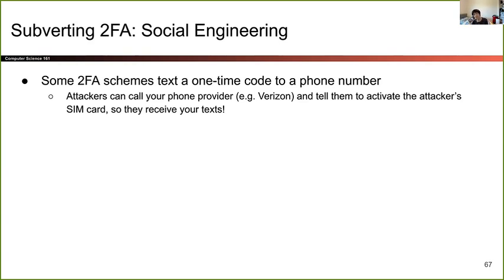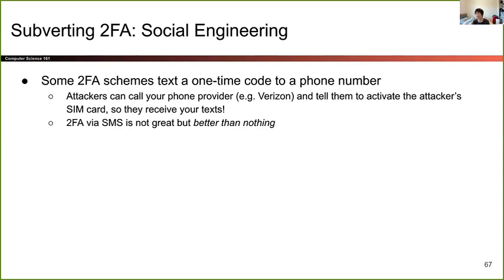They call Verizon and say, hey, I lost my SIM card. Could you activate my new SIM card? And here's the ID of it. And they say, oh, I'm sorry to hear that. I'll go ahead and do that for you. So suddenly the attacker has a SIM card that's associated with your phone number. And now the attacker is the one receiving your text messages.